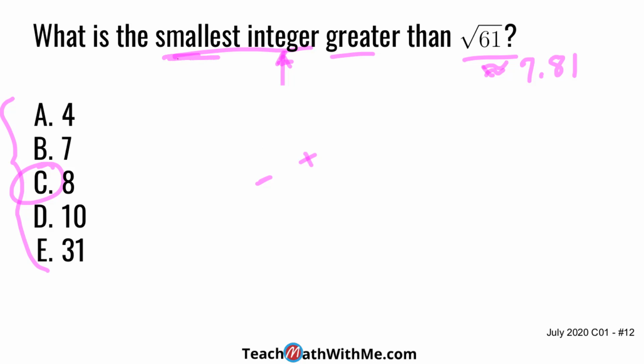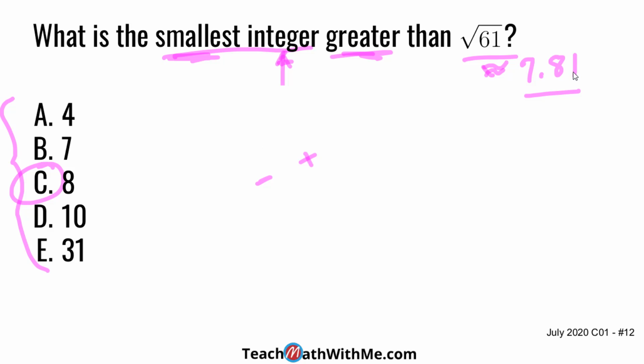Now we're looking for the smallest integer that is greater than. Make sure we're looking for something greater than the square root of 61. To me, the easiest thing to do was what I did, and that's use my calculator to find the value of square root of 61, and that's where we got the 7.81, and we're looking for that integer that's going to be greater than this.